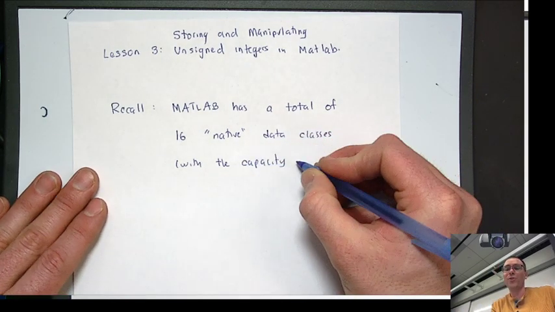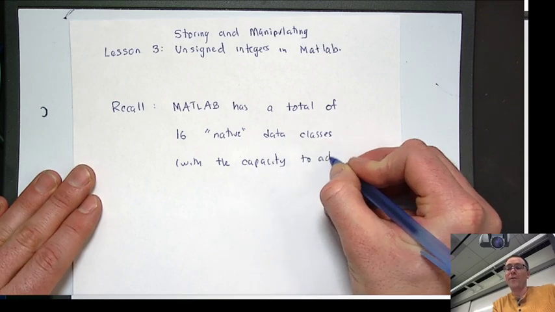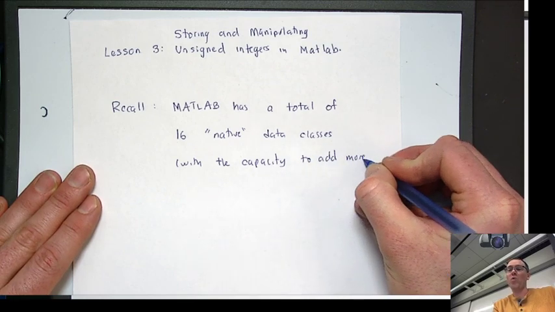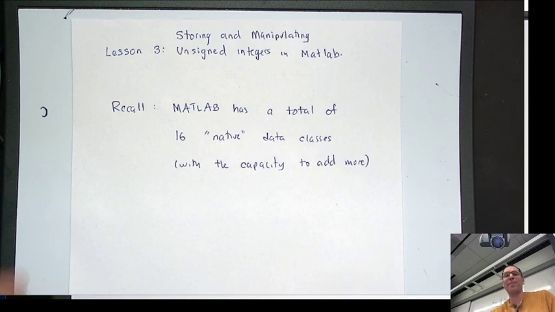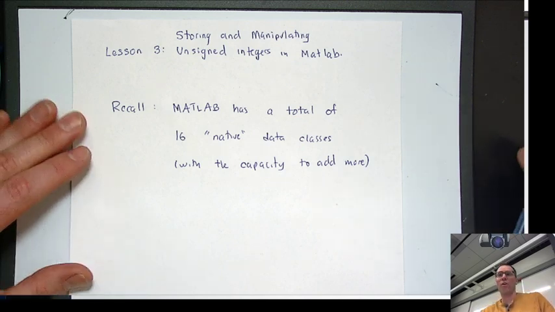So if we wanted to, we could very easily write our own data classes, and in fact, in one of the labs, we're going to write what I call an unsigned fixed point data format, which we'll talk more about.